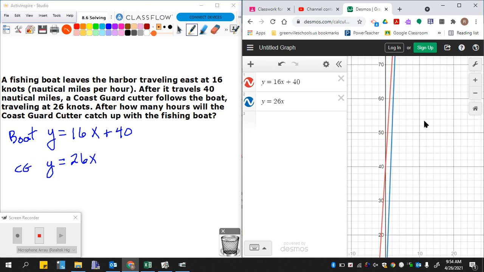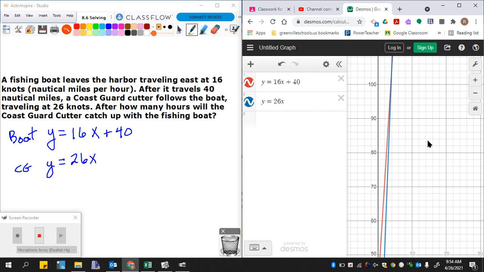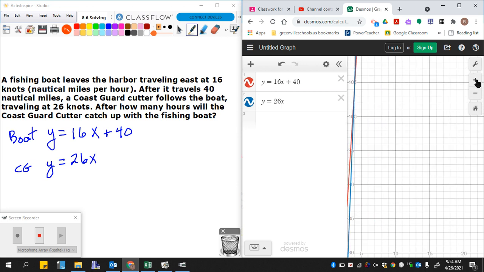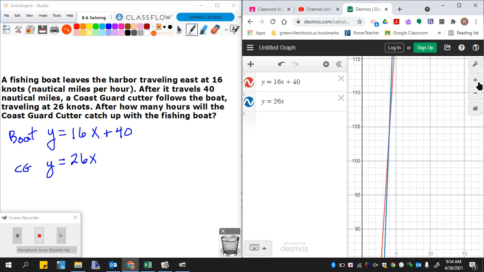When we do this, it's a little bit hard to see. Let's zoom in a little bit.